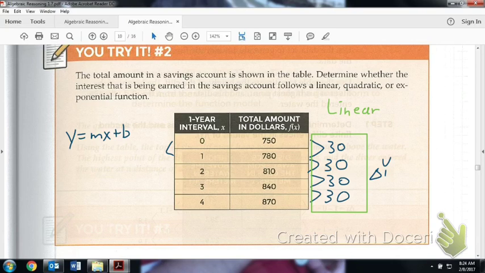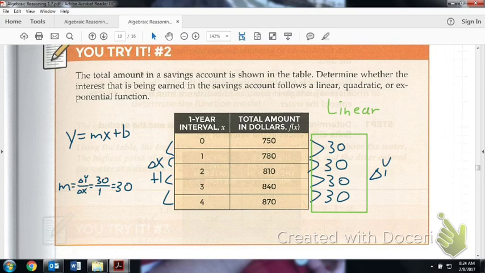My x is going up by 1 every time, so my change in x is 1. Basically, you take what's changing in y and divide it by what's changing in x, which is 1. So in this case, m is 30.